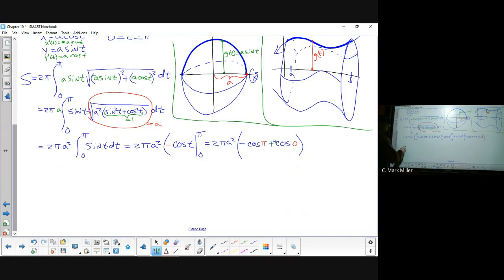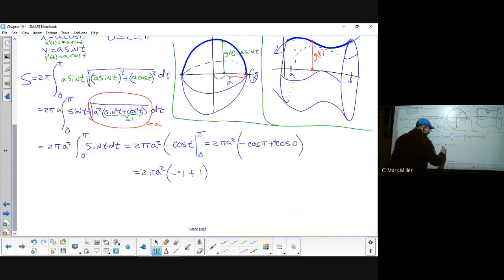So going back to here, 2 pi a squared. Cosine of pi is minus 1, so that's minus of minus 1, plus 1.